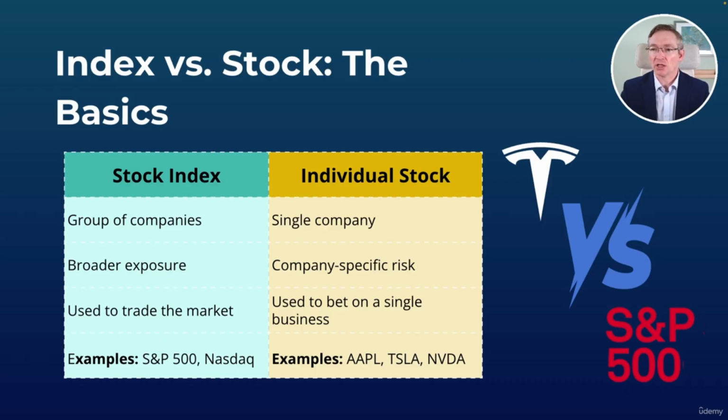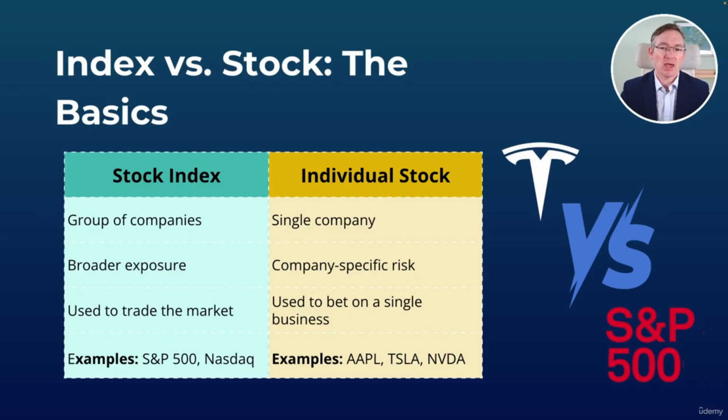The Dow Jones includes 30 large industrials. So the stock index, the S&P 500, the Dow, the NASDAQ, it represents large groups of companies that are collected together in an index. You can trade these indices like a stock using ETFs. Remember, the SPY is the ETF for the S&P 500. The QQQ is the ETF for the NASDAQ.